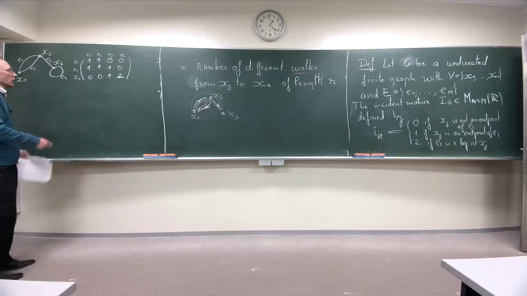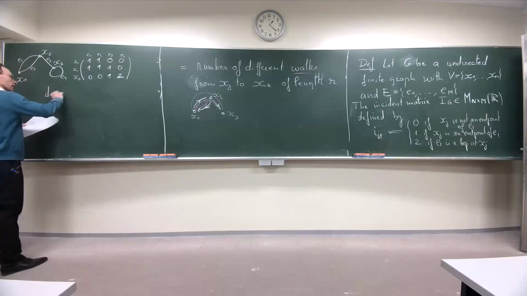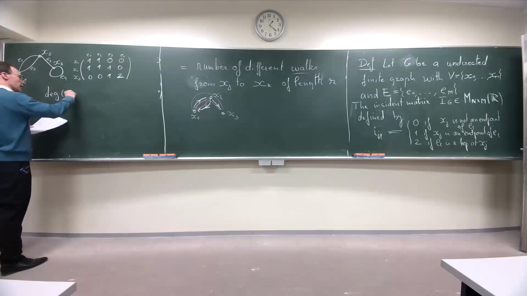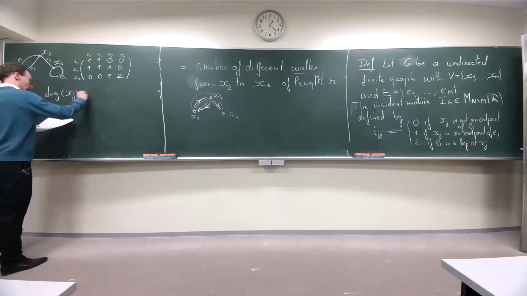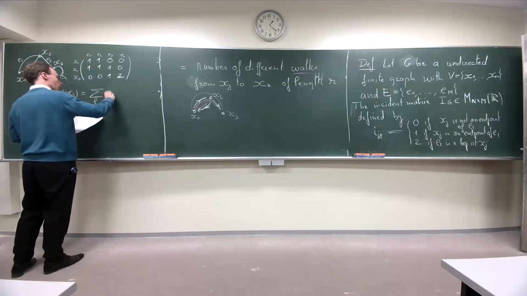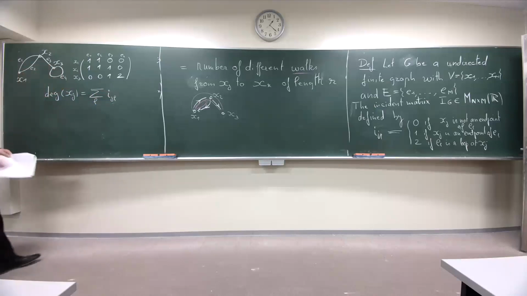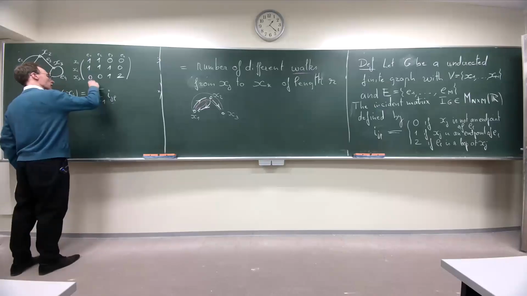By the way, observe that the degree of xj here is given by the sum over l of a_ijl. I'll let you check this is correct. And it's a sum from 1 up to m.